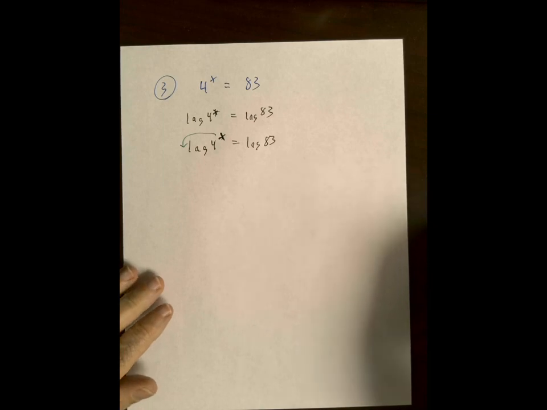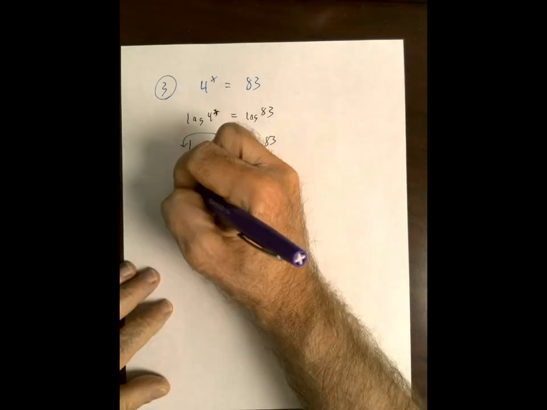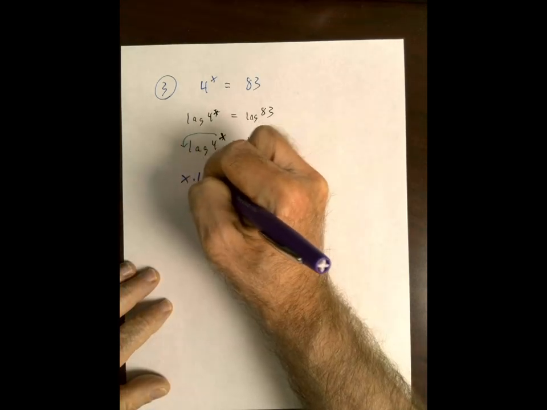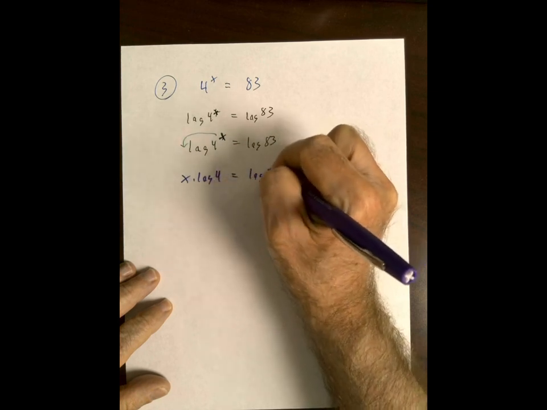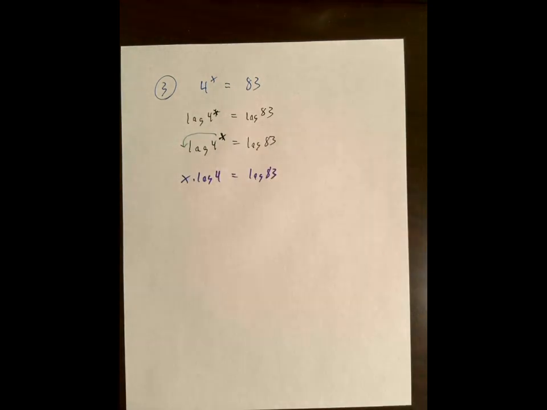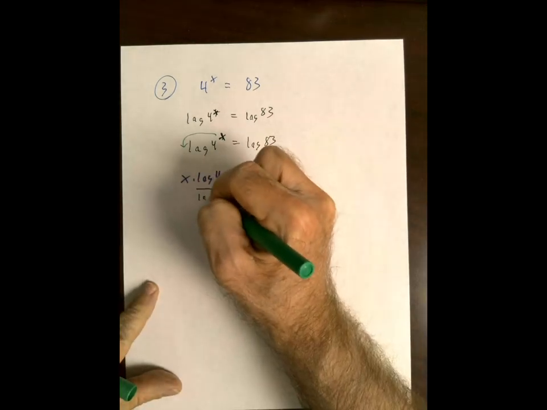And that's going to give us x times log 4 is equal to log 83. And now, remember, log 83 and log 4 are numbers. They're just irrational numbers. So I'm going to divide both sides by log 4 to isolate the x.